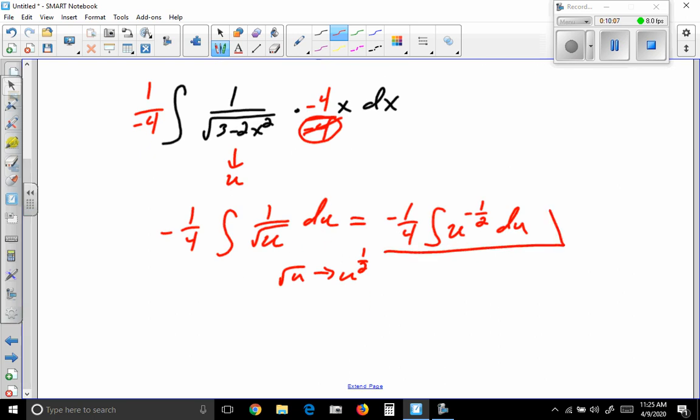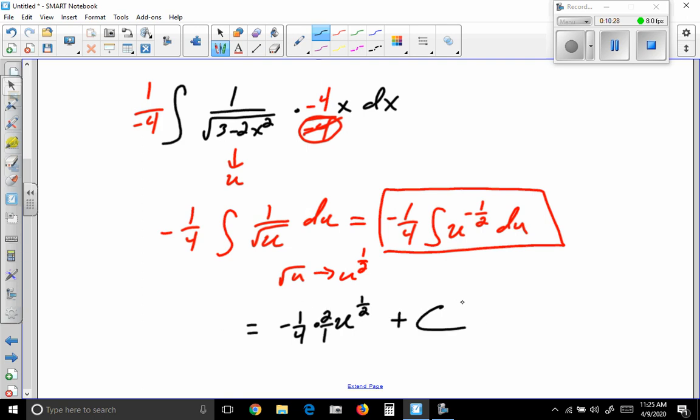So this is just integrating a power. So we leave our negative 1/4 out front. We do u to the 1 bigger power. Well, 1 more than that exponent is 1/2 divided by 1/2, or instead of dividing by 1/2, we can multiply by 2/1. And then since this is an indefinite integral, make sure you put your plus c.